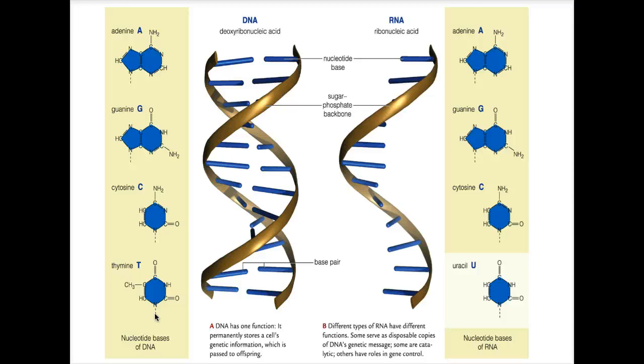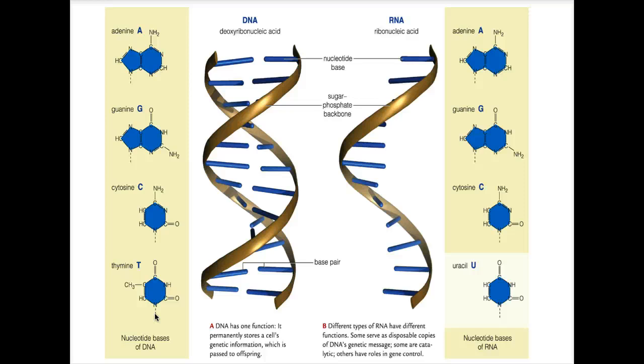So why have two types of nucleic acids? Well, basically the DNA information stays within the nucleus, and on one chromosome you have one double-stranded DNA molecule, and that one double-stranded DNA molecule has multiple genes on it, and at any one given period of time in a cell, not every gene on that double-stranded DNA molecule is going to need to be expressed, or basically make a product.